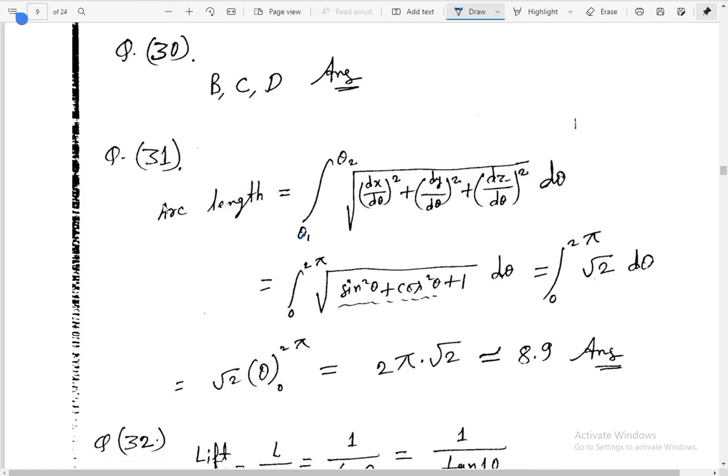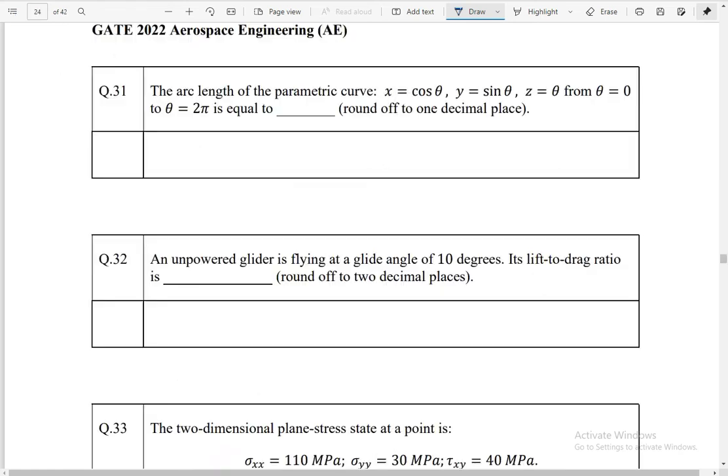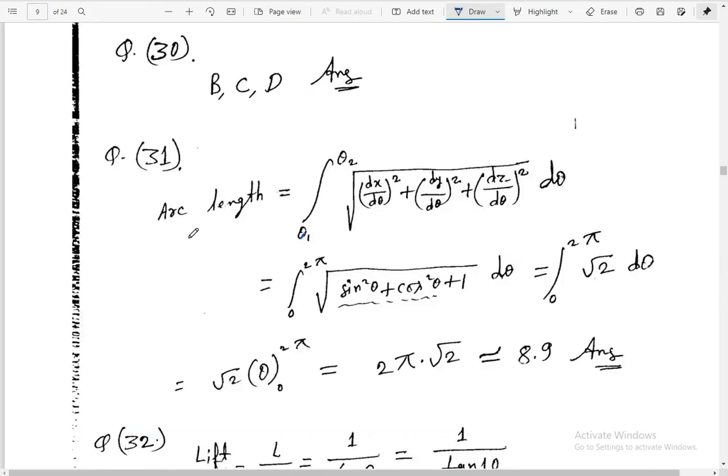Here you can see x is given, so we just differentiate. dx by d theta equals minus sin theta, cos theta, and it is 1.